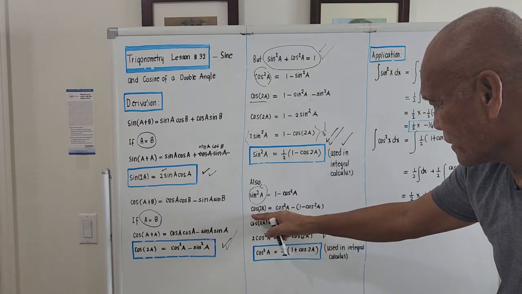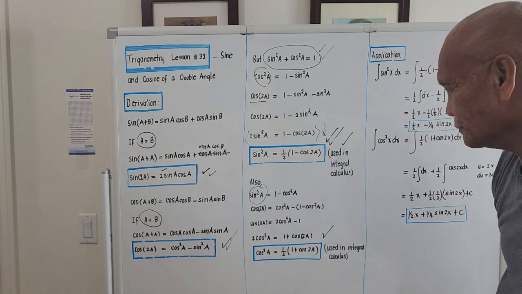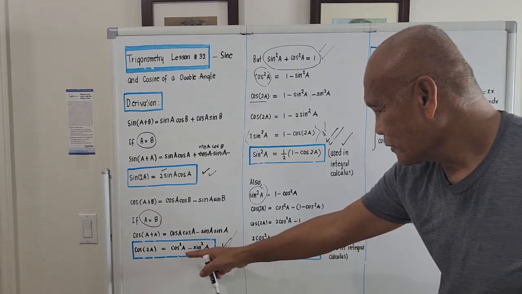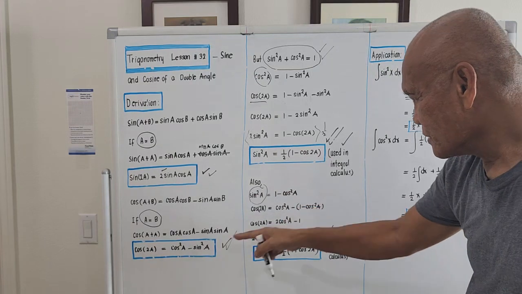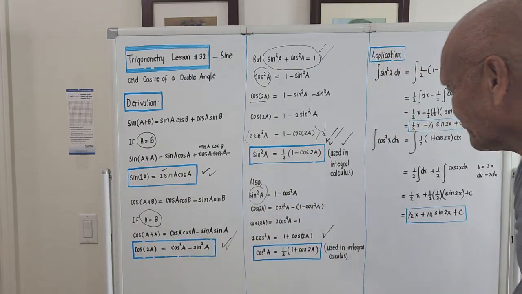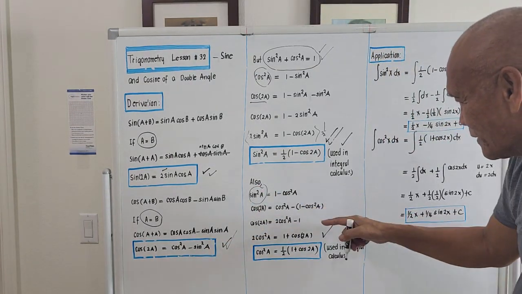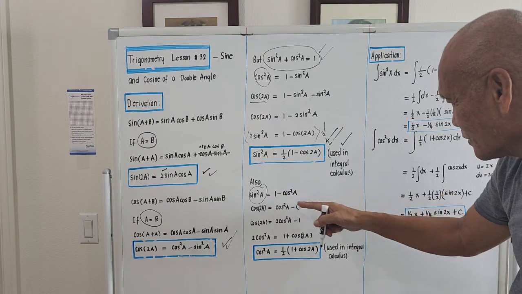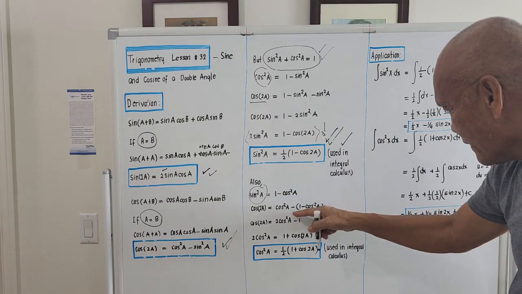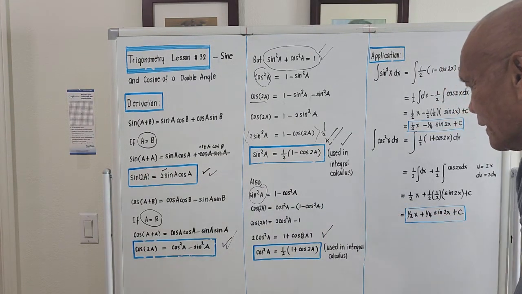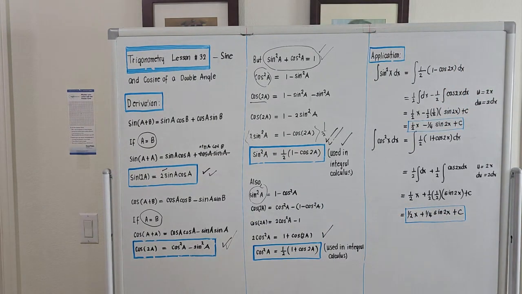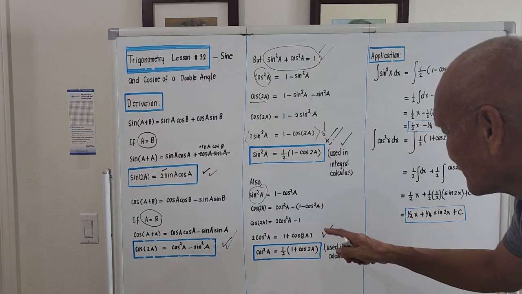We'll follow this, but we replace sine square of angle A by this equivalent. So cosine of twice A should be equal to, the first one on the right is cosine square of angle A. We just rewrite it. Minus of the quantity, I put a quantity because the substitution contains two terms, right? Minus of the quantity 1 minus cosine square of angle A. And if we try to simplify, okay, we expedite a little bit.